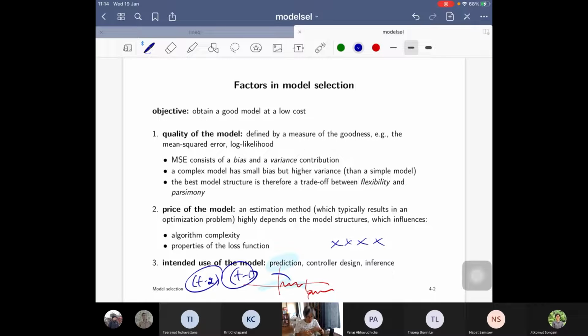But another model requires 100 steps previous. So this is different. Different model structures lead to different implementations, and it depends on the model usage.